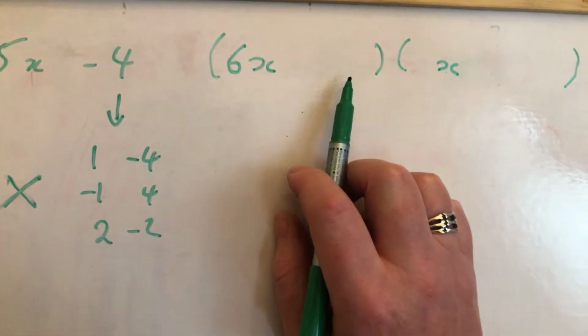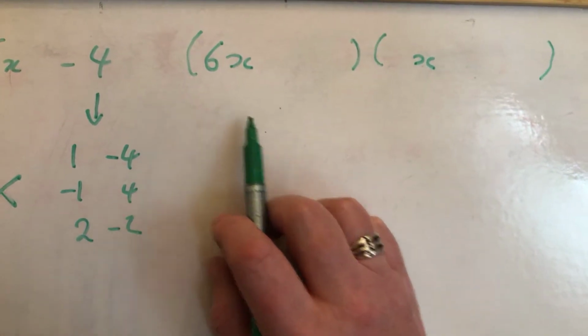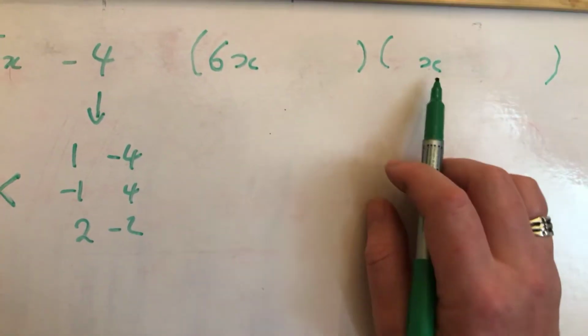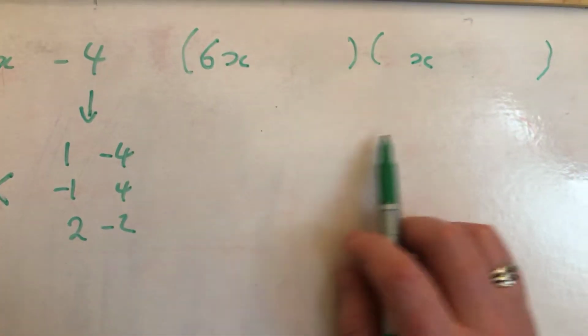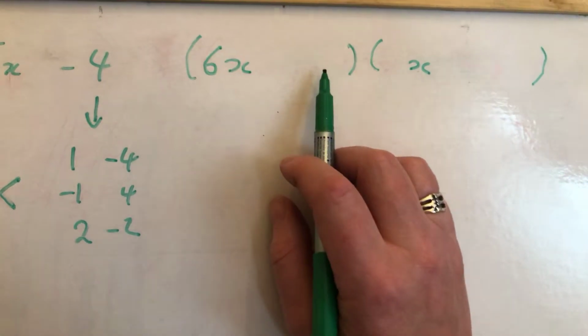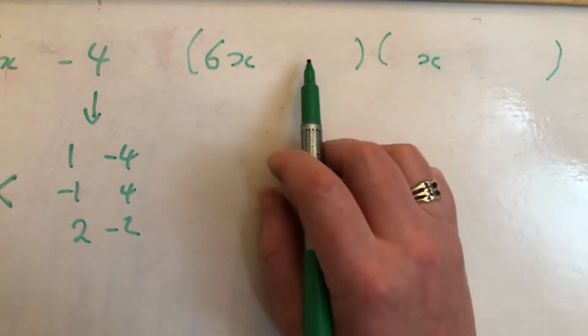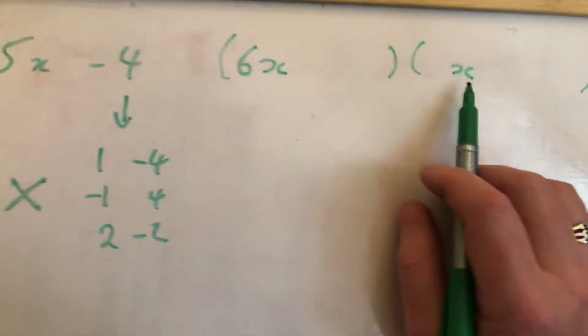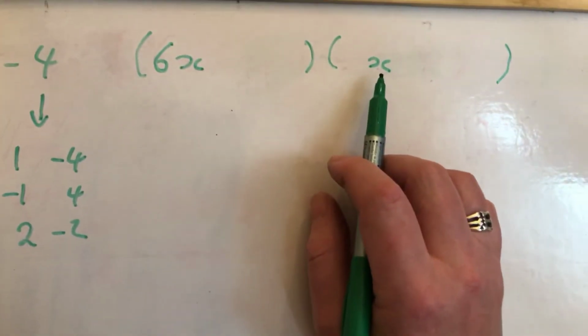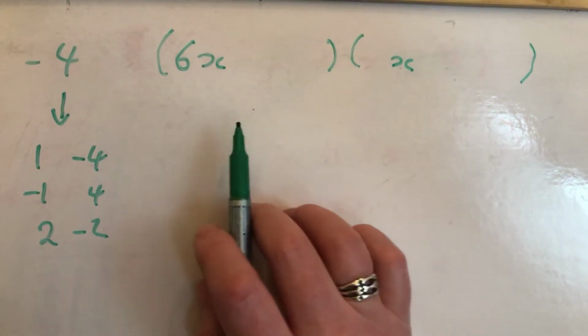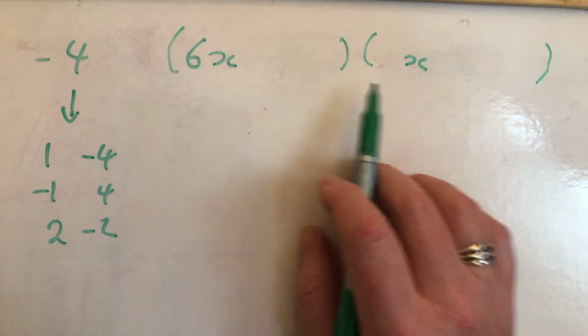So if we have a 2 here and a 2 here, that means we're going to be looking at 12x plus or minus 2x. So that would be 6 times 2 is 12x, 2 times x is 2x. That's nowhere near the minus 5x. So let's assume we've got a 1 and a 4.